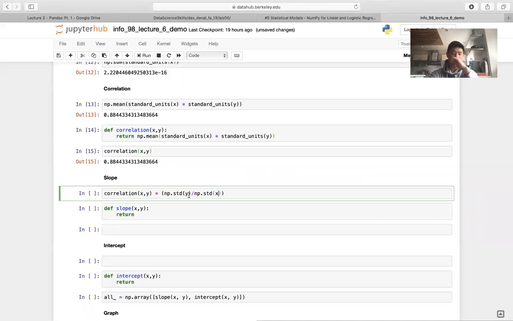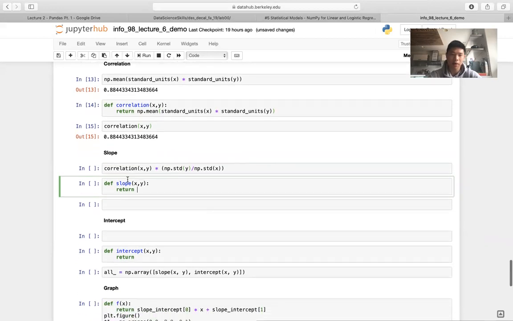This makes sense because normally when you're calculating slope, it would be rise over run, right? So change in y over change in x. The standard deviation measures the variance of y, and then it measures the variance of x. So it's change in y over change in x, and you multiply that by the correlation coefficient. Now let's write a method for that again.